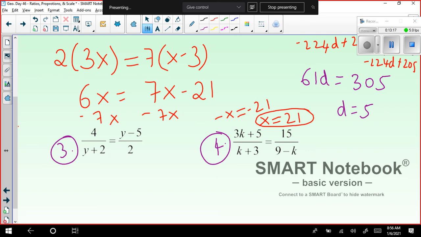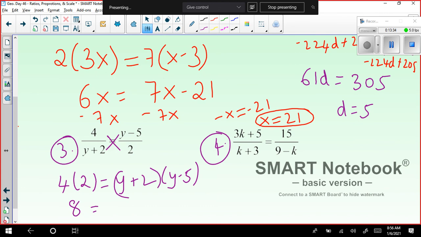Same way, once again cross multiply: 4 times 2 and y plus 2 times y minus 5. So 4 times 2 is 8.